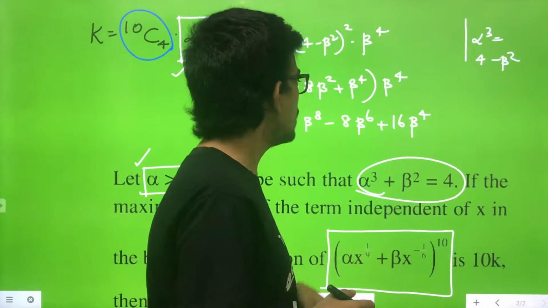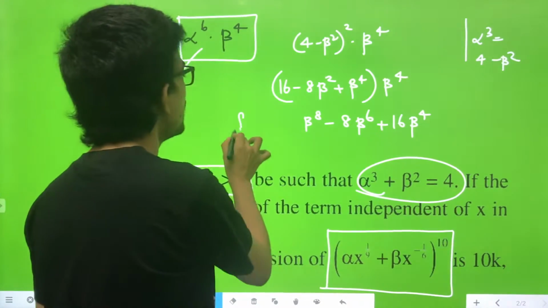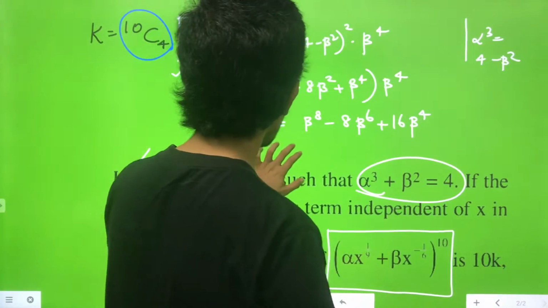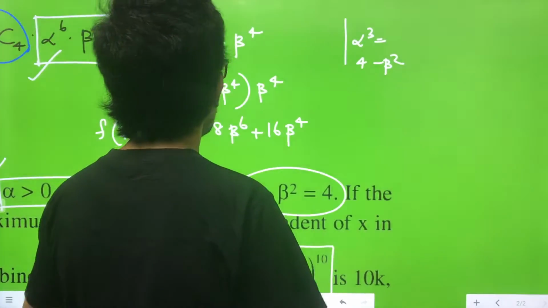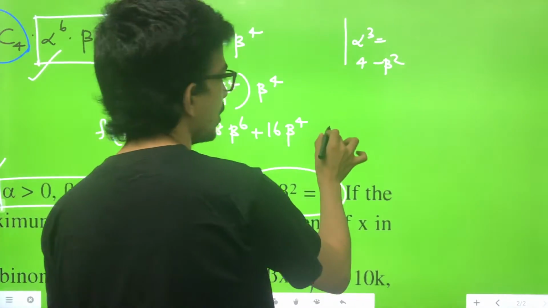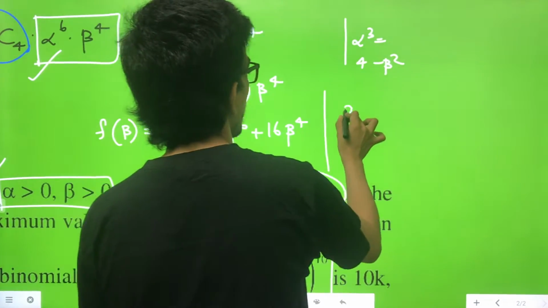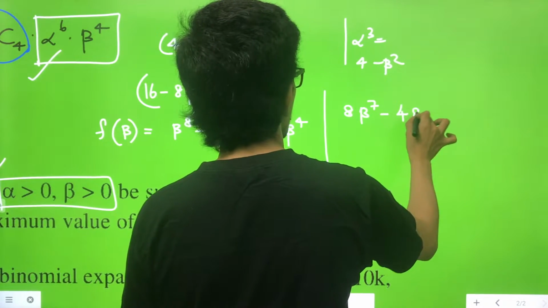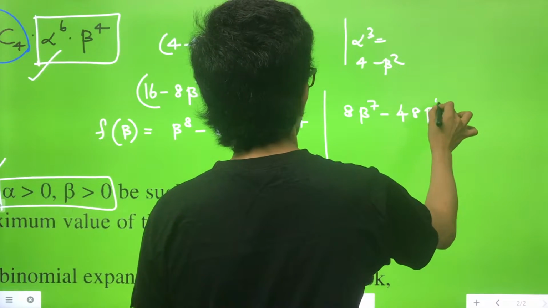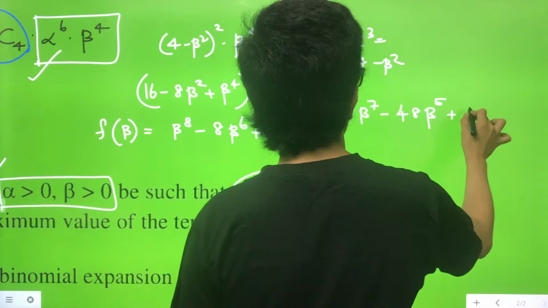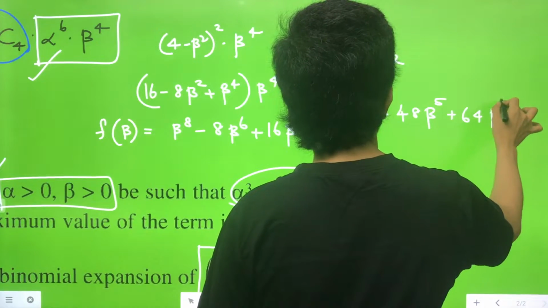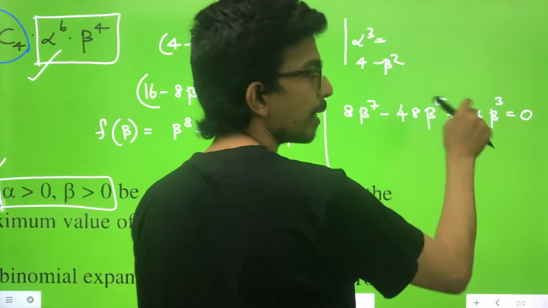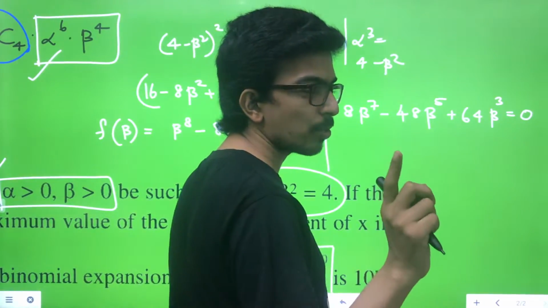Look at this expression. If I call this f of beta, we just differentiate and equate this to 0. So we have 8 beta raised to 7 minus 48 beta raised to 5 plus 64 beta cube equal to 0. Of course, 8 beta cube can be cancelled off because beta cannot be 0.